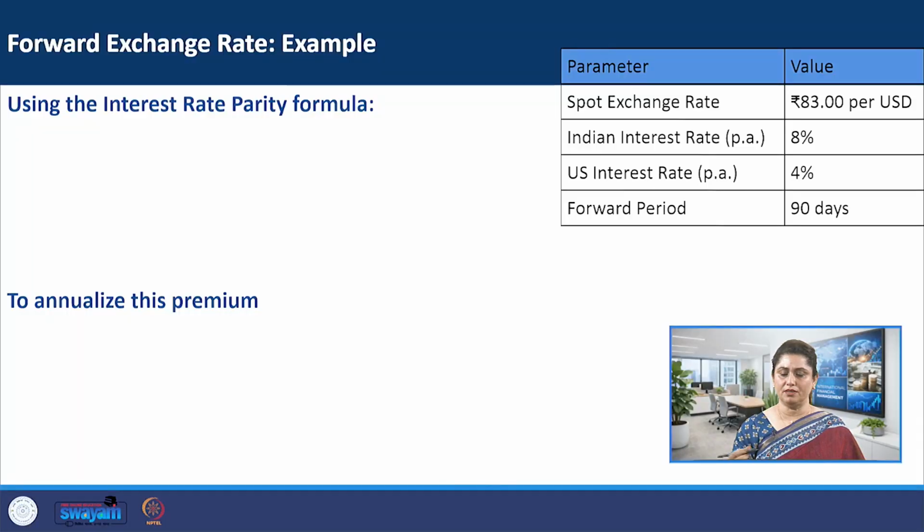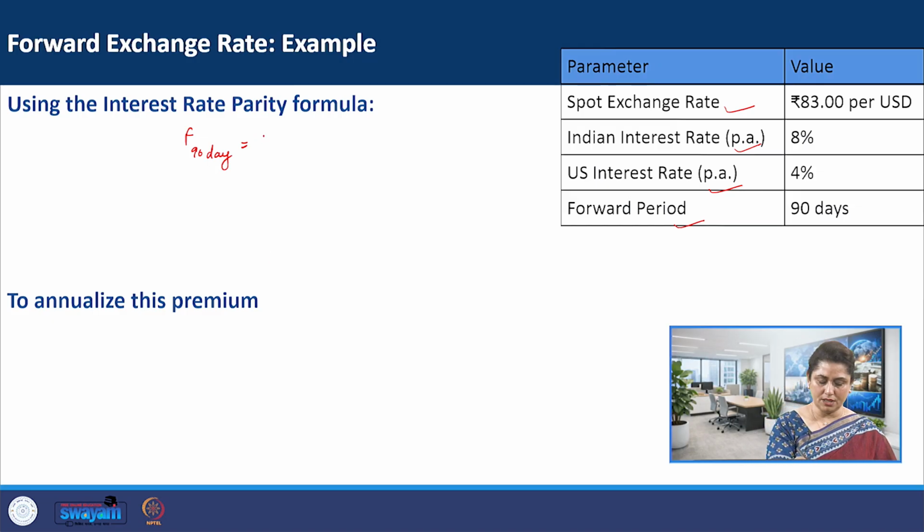We have been given another question in which we have been given the spot exchange rate, the Indian interest rate, the US interest rate, and the forward premium. And we have to calculate the forward rate with the help of the interest rate parity formula. So the 90-day forward rate is going to be the spot rate, which is 83 here, into 1 plus 0.08 into 90 by 360.